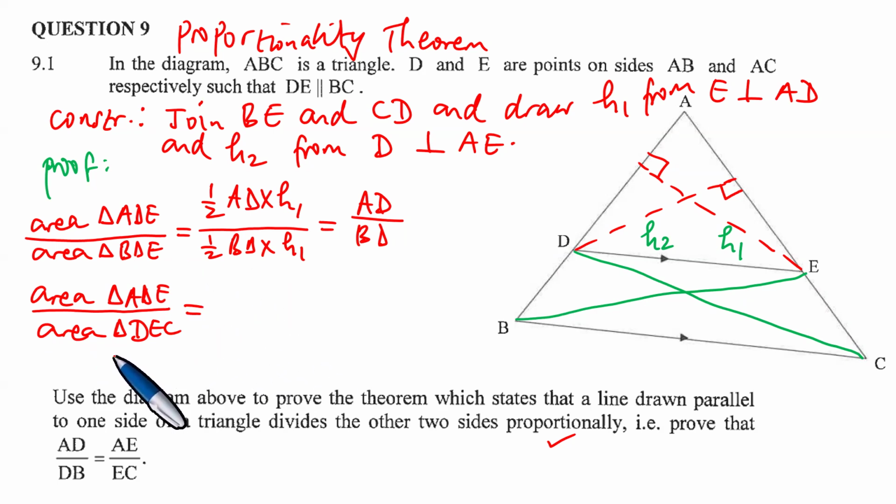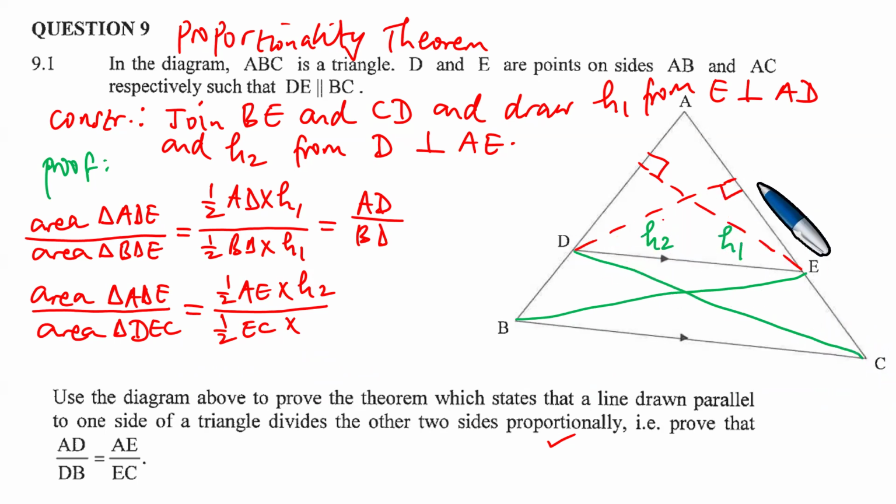Now finding the area of triangle ADE, sticking to this side of the triangle, we have half AE times the height H2, divided by half EC times the height of triangle DEC, which is H2.